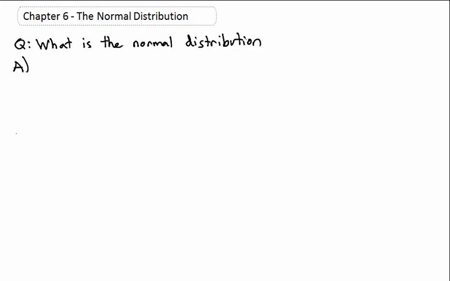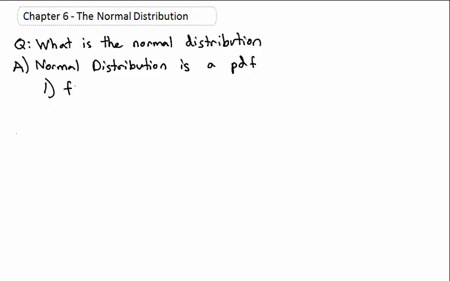And so to start answering this question, the normal distribution is a probability density function. It's continuous.